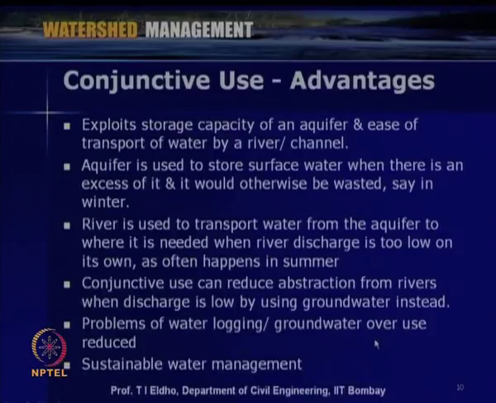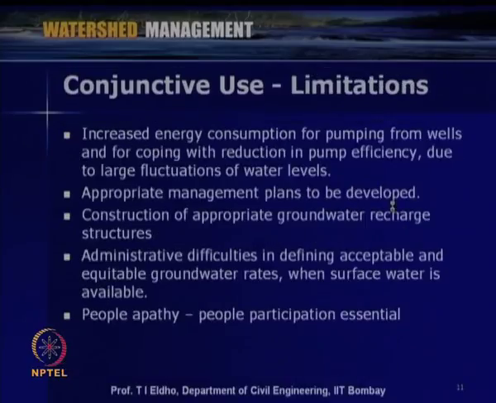Also the groundwater overuse can be reduced. Finally, what I can say is that conjunctive use is the best way of sustainable water management as far as any watershed or river basin is concerned. These are some of the advantages of conjunctive use.